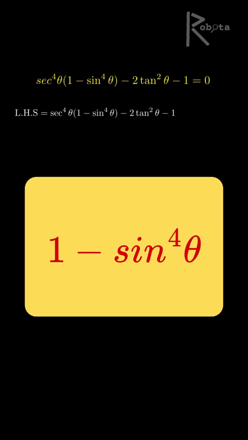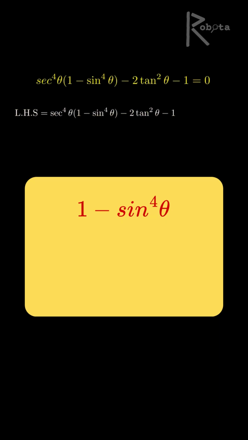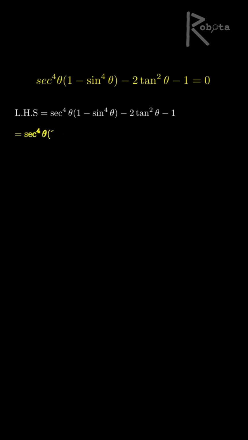Now use the identity for difference of squares, so we know that 1 minus sin⁴θ can be written as (1 minus sin²θ) multiplied by (1 plus sin²θ). Replace that in the expression. Now rewrite the left-hand side as sec⁴θ multiplied by (1 minus sin²θ) multiplied by (1 plus sin²θ) minus 2 times (tan²θ minus 1).